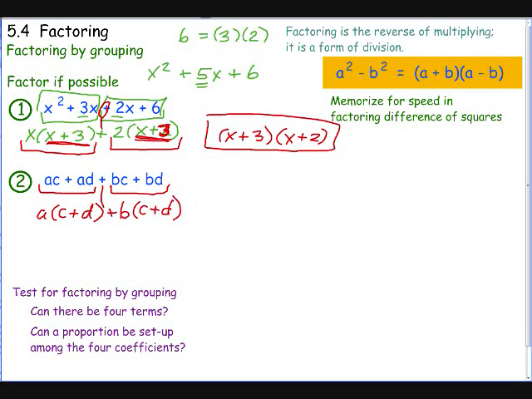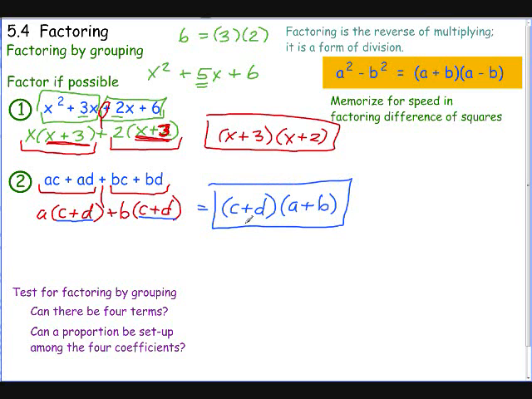Ooh, how nice, because it matches. If it matches, I can factor it out of the first term and the second term, leaving me with a plus b. Factoring by grouping. It's so powerful, isn't it? This certainly can be 4 terms.